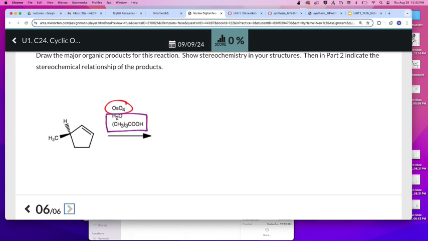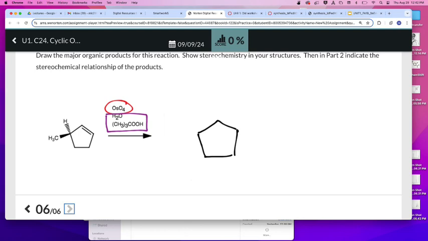So what does OsO4 do? It's in the cyclic oxidative chapter. What it ends up doing is it reacts the oxygens with our non-polar pi bond. And we form this gross-looking structure. I'm going to ignore that for a second. Come on, pen. Just work with me. I only got like 2 minutes.